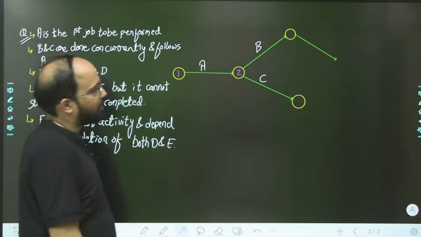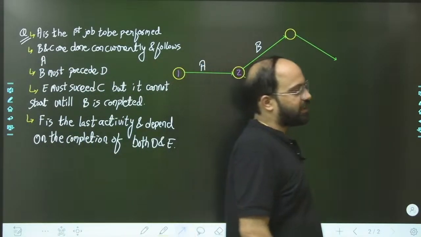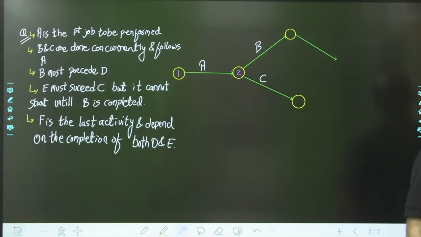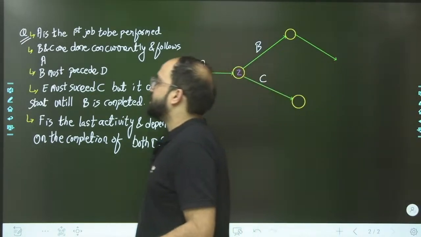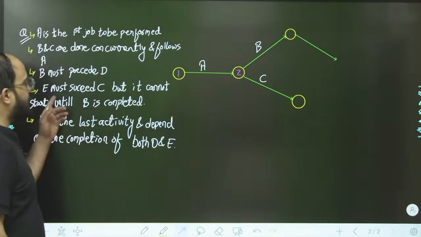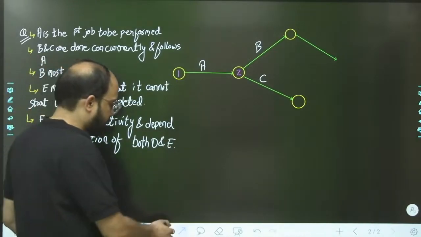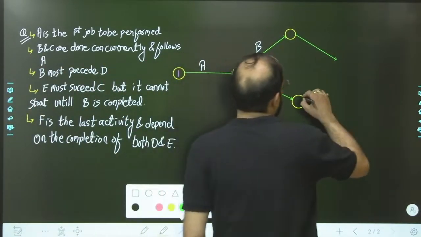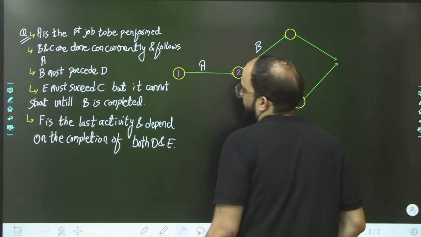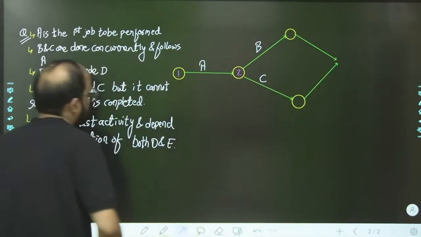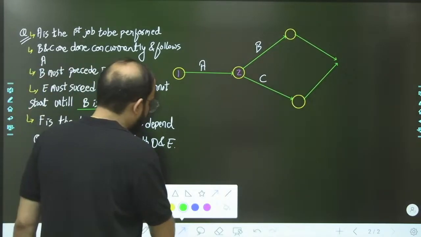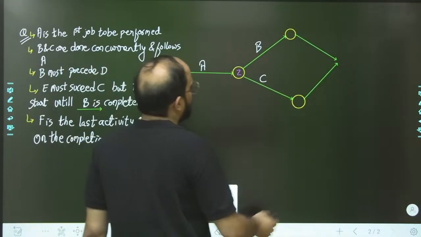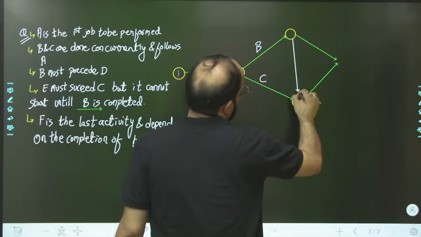So here the dummy will come into force. They are saying that E must succeed C, which means E will come out from this node, but it also has a relation with B. So how can we describe that? We can describe that by a dummy activity.